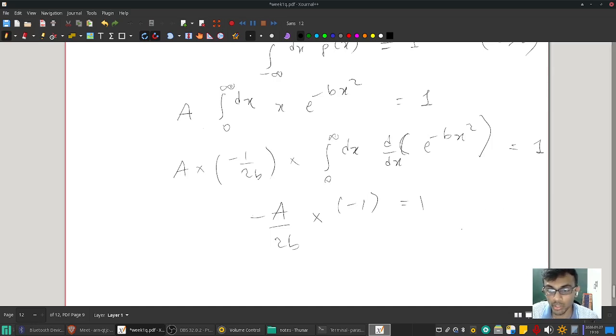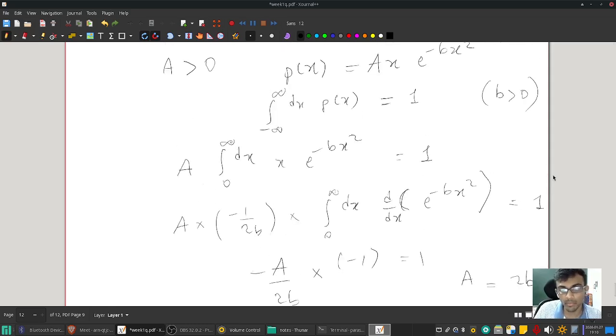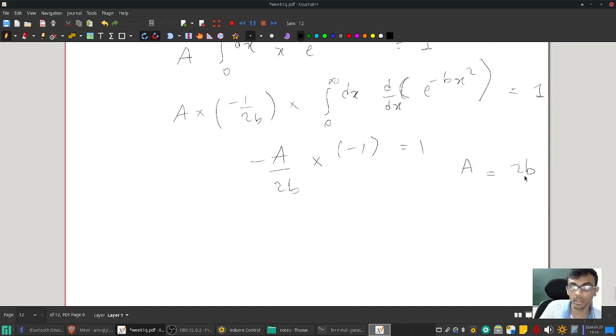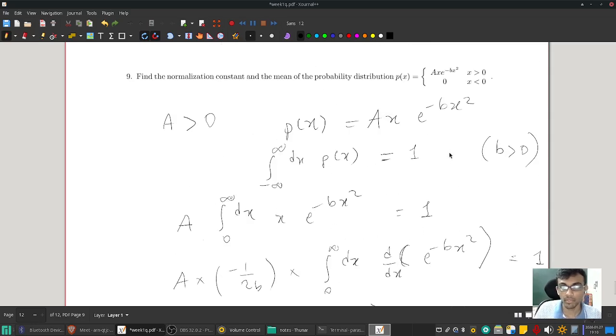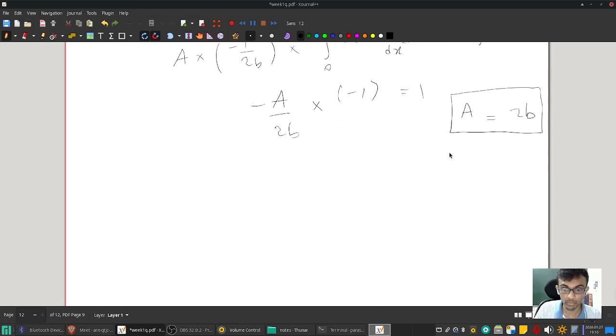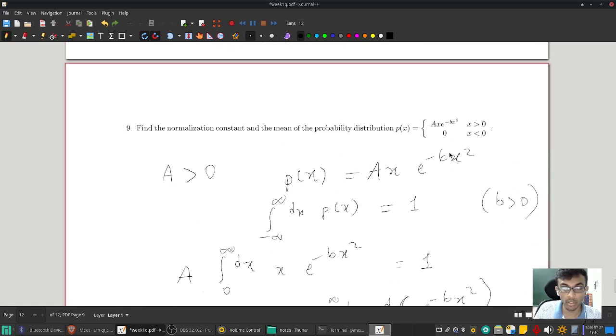So A is 2B. So this is the normalization constant A. And we then have to find the mean of this probability distribution.